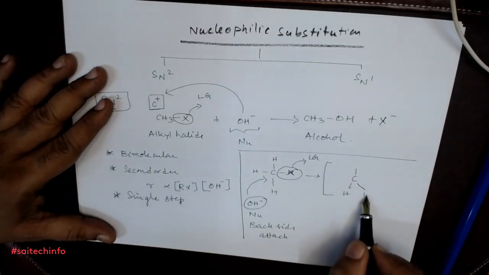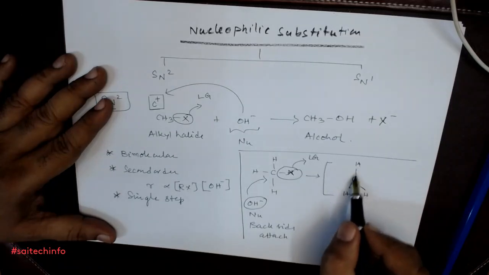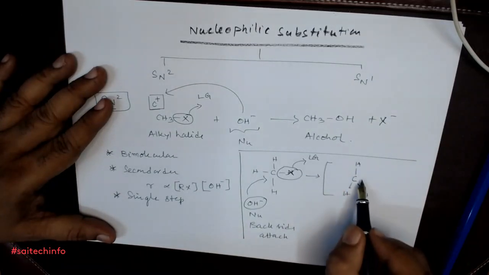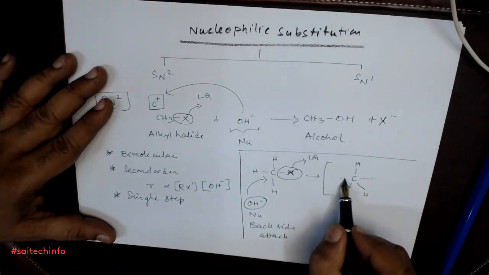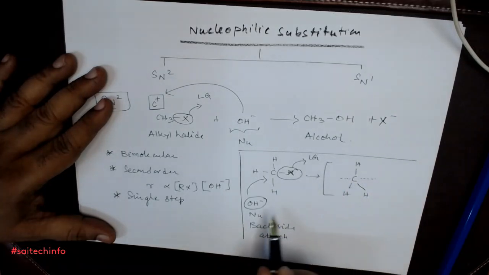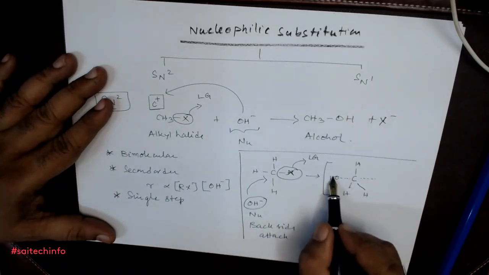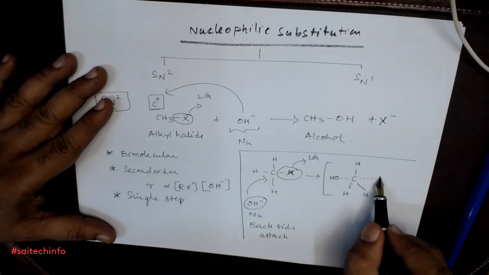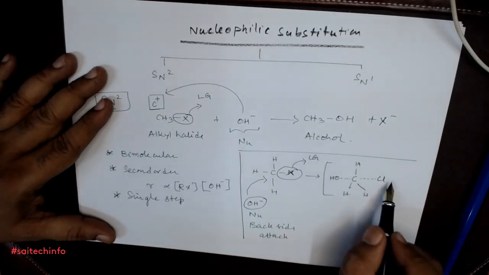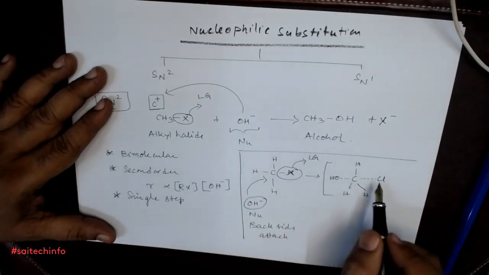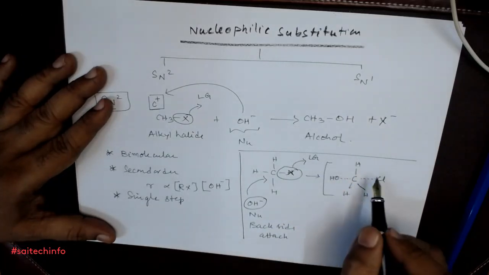So H, H, H. This is a trigonal planar arrangement. On both sides you have the attacking species. What is the attacking species here? OH. What is the leaving group? Cl. So it is about to leave, it is about to attack. So it forms a trigonal bipyramidal structure.